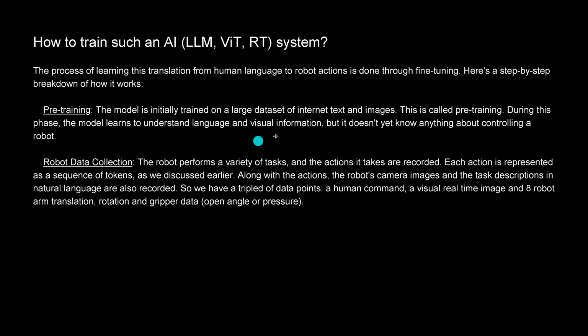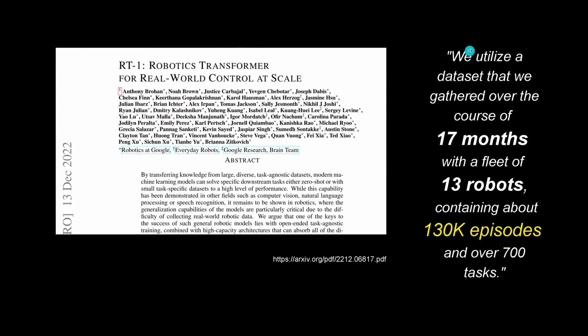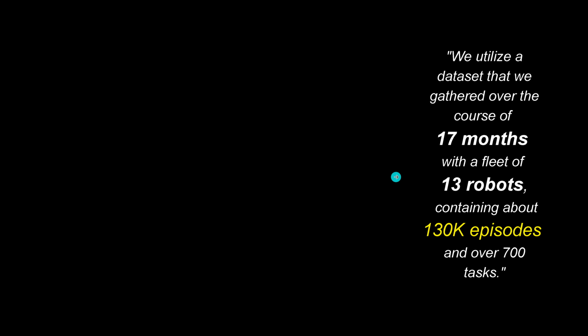Now that we have a base model and a dataset, as I showed you, RT-1, in December 2022, they created over the course of 17 months, more than a year, with a fleet of 13 robots, they collected, recorded, registered, and analyzed 130,000, let's say, movements over 700 different tasks. So they have a beautiful dataset that they're going to use now for the robotic training data.